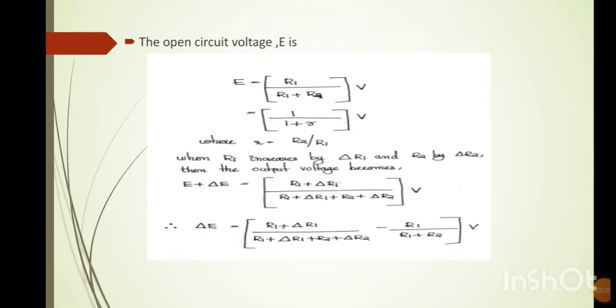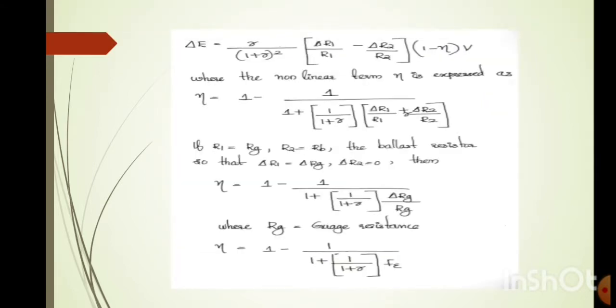Delta E is equal to R1 plus delta R1 divided by R1 plus delta R1 plus R2 plus delta R2, minus R1 by R1 plus R2, into V. The above equation is rearranged as delta E is equal to R divided by 1 plus R the whole square into delta R1 by R1 minus delta R2 by R2 into 1 minus eta into V, where R is equal to small r is equal to R2 by R1.